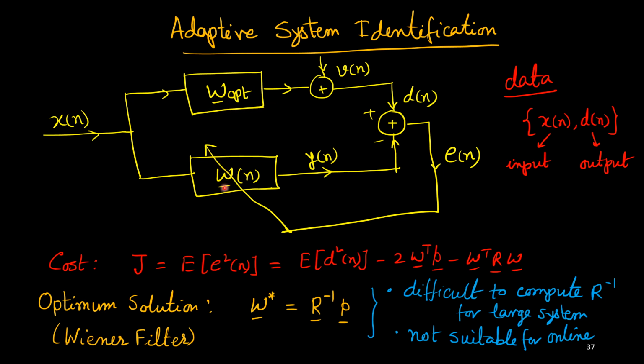If the system length capital L is very large, suppose 1000, then the R matrix is of dimension 1000 cross 1000, and for such a big matrix it's very difficult to compute its inverse. It's not easy. So we'll try to avoid finding the inverse of this matrix R. That is one objective. And this one-shot equation is also not suitable for online application.